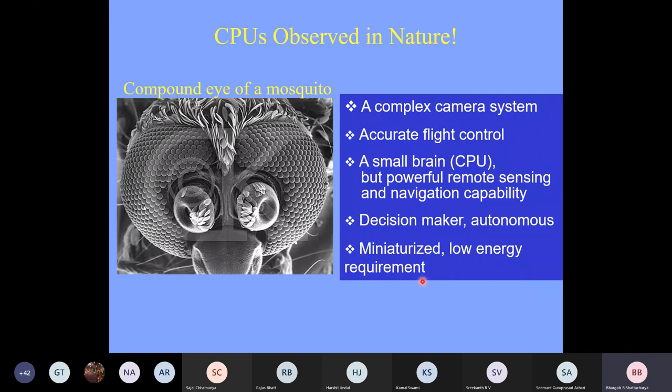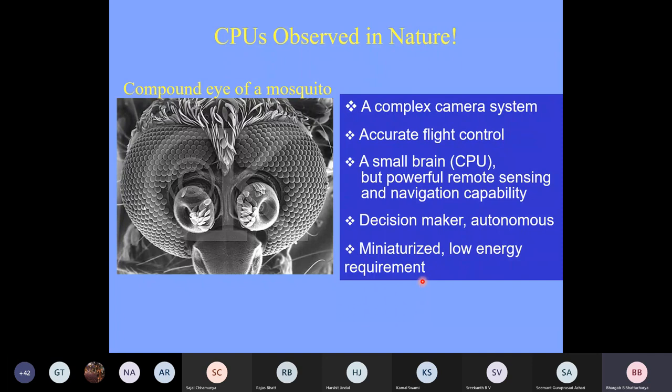It has very accurate flight control, although it is a very small CPU, but it has very powerful remote sensing and olfactory capabilities. They can smell you from a long distance. They have nice navigation capability, decision making, and autonomy. And above all, it is very miniaturized and has low energy requirement.